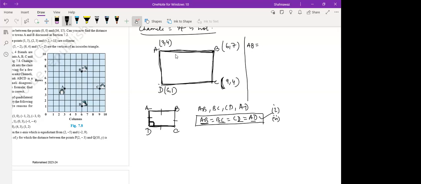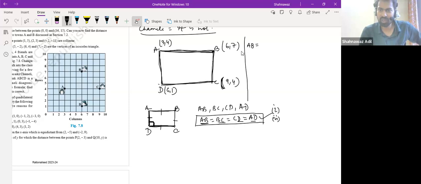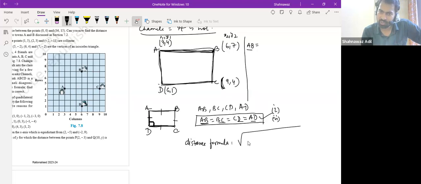Yeah, so the distance formula, we are trying to find out the distance AB. This is the distance, right? So this is x2, this is y2, this is x1, this is y1, right? From the distance formula we know that the distance between 2 points is root of x2 minus x1 whole square plus y2 minus y1 square, right?